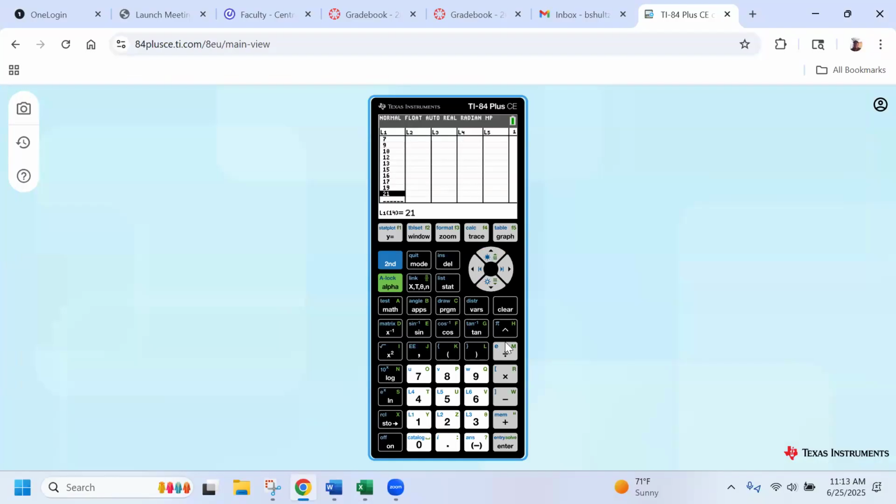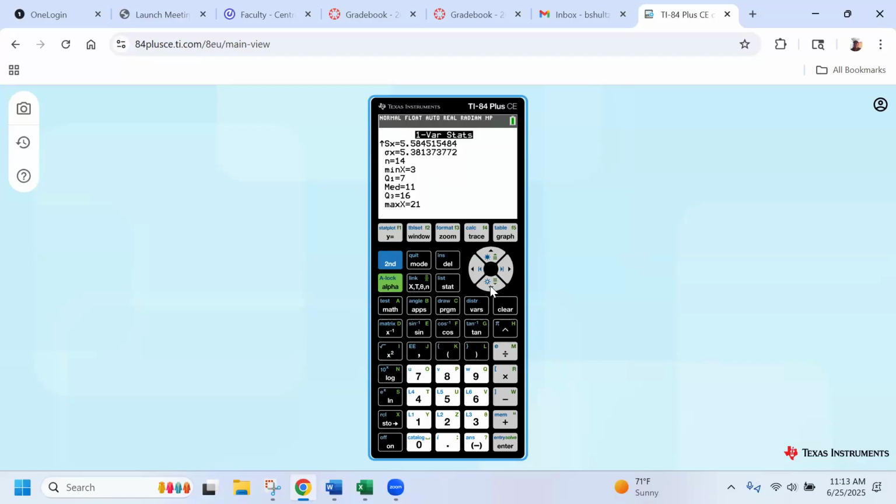Once you have your data in here, go back to stat. Calculate, one variable stats, one, from the list L1, calculate. Remember our mean, 11.42. But when we come down here, we've got our Q1. Look at that. Quartile 1 is 7, the median is 11, and the Q3 is 16.